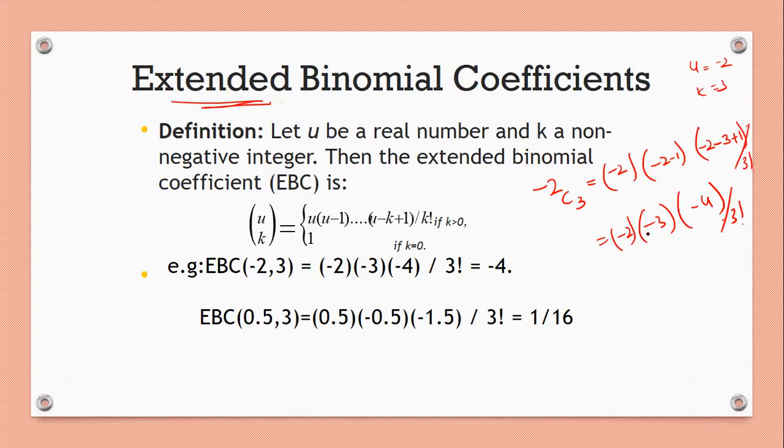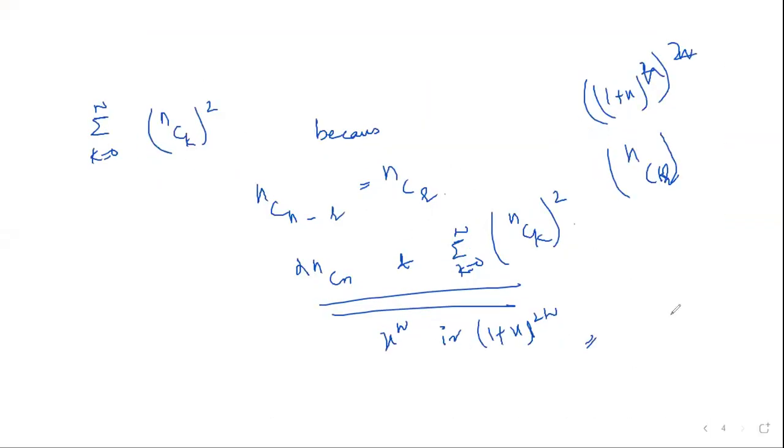But now the question is, till where should we write these u terms? The u terms should be written till we get the last term. Suppose if we have 3 over here, we should be getting 4 over here but with a negative sign. Let's see this for 0.5, or half. So 1 by 2 C 3. The u value is 1 by 2 and k value is 3.